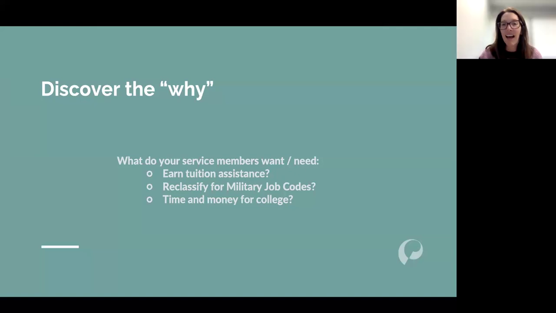Yes, they have to take remedial courses. And sometimes those may or may not be paid for by the military. And then if you have to take a remedial course at community college, or even a 4-year institution, that's delaying the time that it takes for you to get your degree.